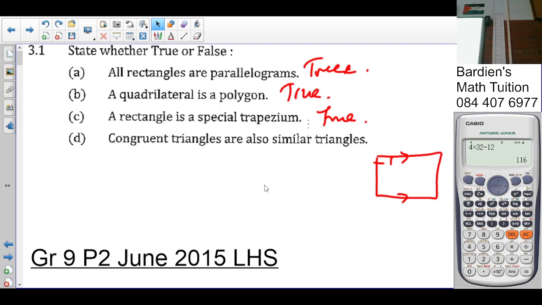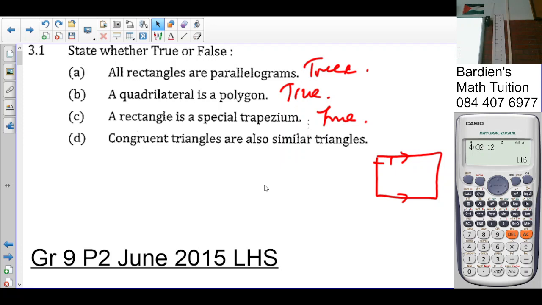Just for afterwards. Just hang on. A rectangle is a special trapezium. Yes, you can check it. I would still say true. The last one, a congruent triangle is also a similar triangle.